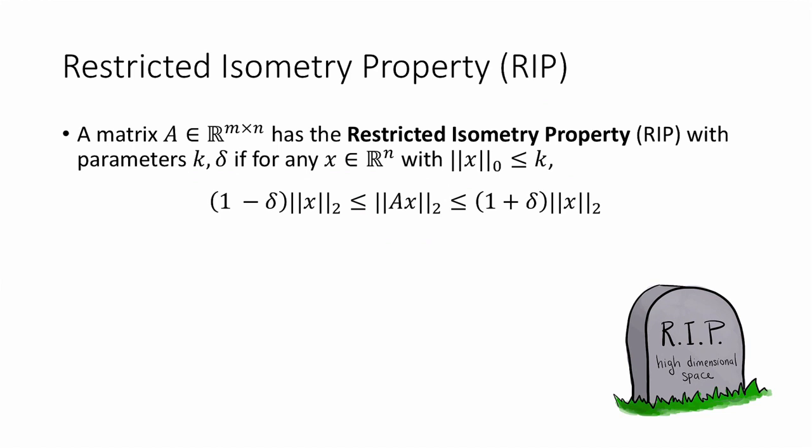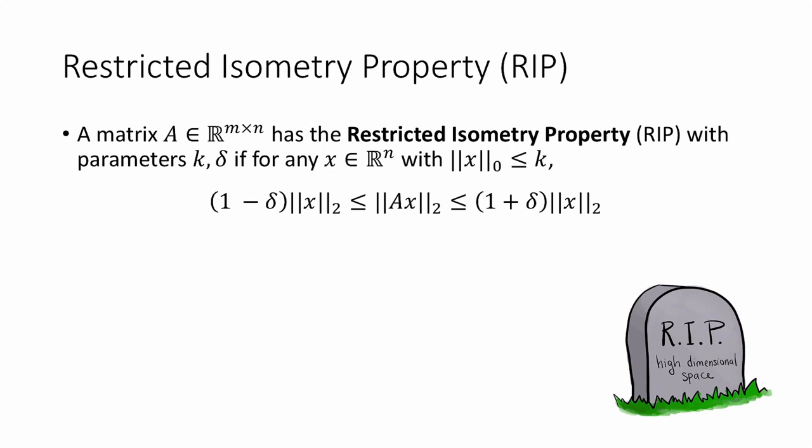Notice that if A has the restricted isometry property with parameter k, then it preserves distances between all k/2-sparse vectors. In other words, it's a 1 plus delta embedding of these k/2-sparse vectors into R^m.